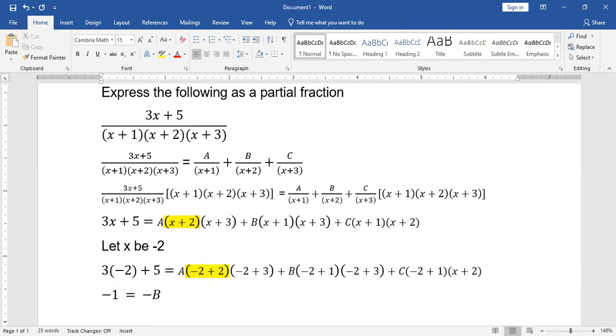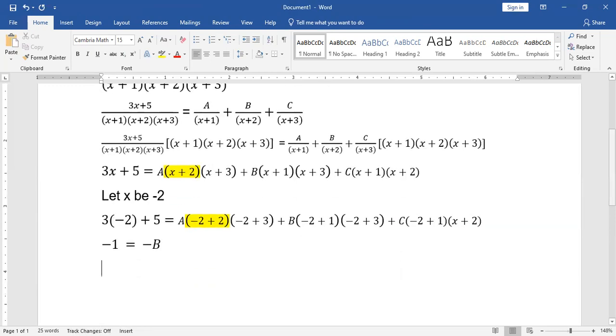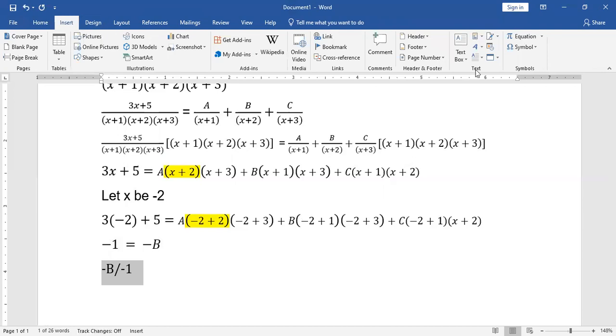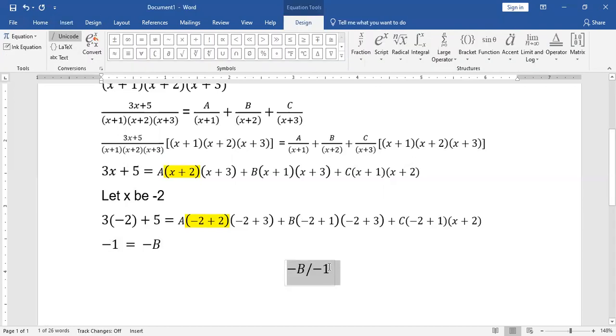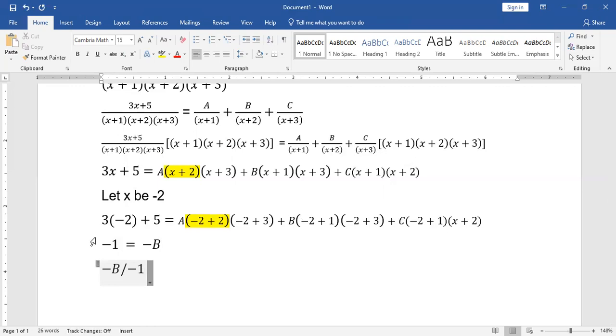Okay. Now we are finding for b. So if we are finding for b here, we shall divide both sides by negative 1. So I have negative b here, divided by negative 1, and negative 1 divided by negative 1.